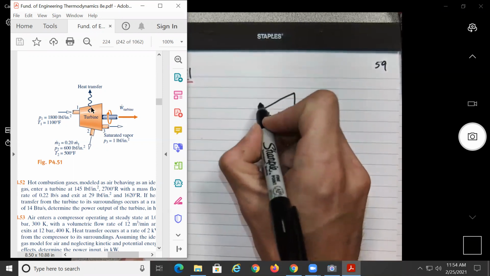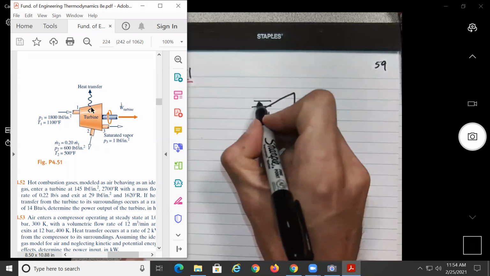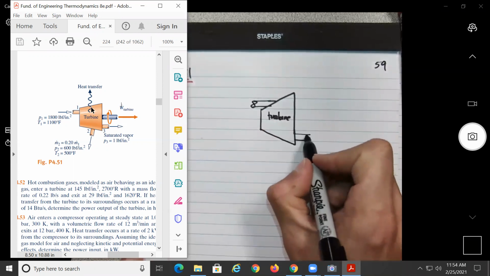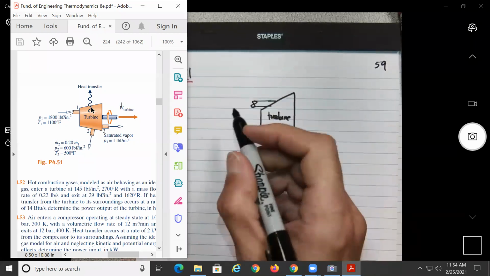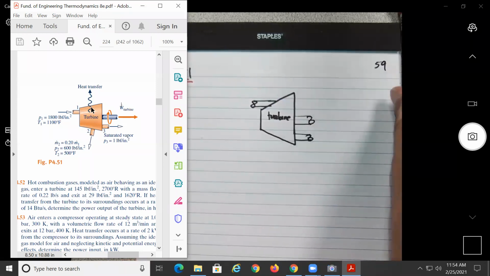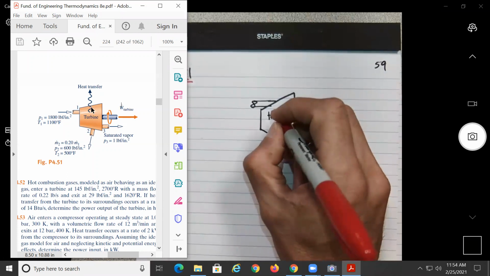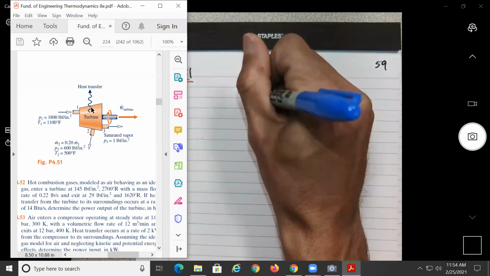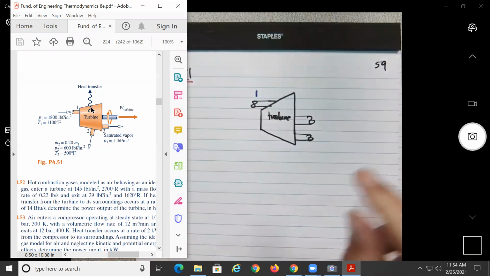So you have flow coming in on one area here. Let me do it here instead of down. And it's going out somewhere over here. They do a shaft because generally there's a shaft connected to a turbine, but we don't really need it. So let's see, we have three, we have one inlet, one.